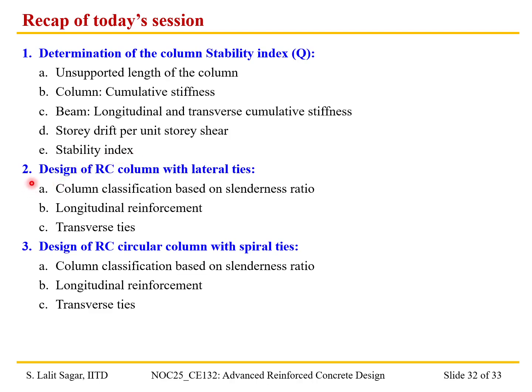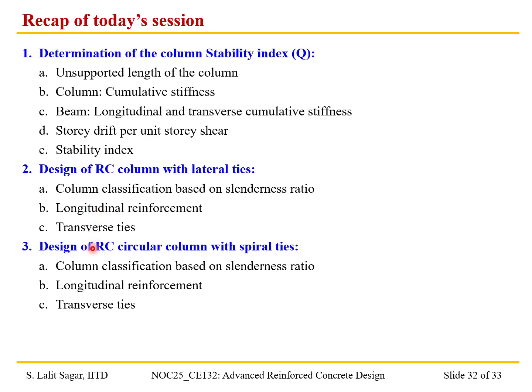Then we considered the design of the reinforced column with lateral ties, where we initially classified the column as a short column based on the slenderness ratio. Then we proceeded to design the longitudinal reinforcement and the transverse ties.